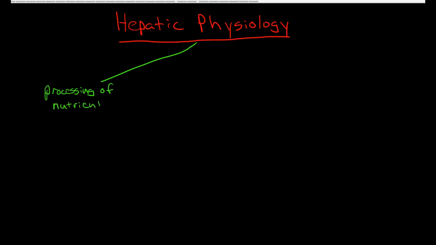Now, having worked with patients in hepatic failure, I chuckle when I hear people call the liver an accessory organ to the gastrointestinal system, because the ramifications of a failing liver go way beyond the gastrointestinal system.